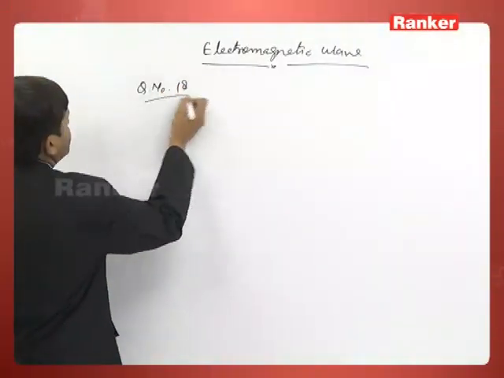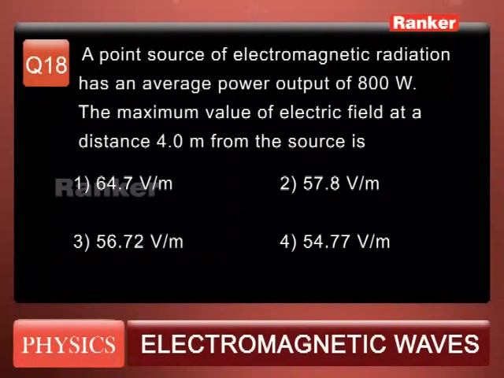Question number 18. Question is given as a point source of electromagnetic radiation has an average power output of 800 watt. The maximum value of electric field at a distance 4 meter from the source is first option 64.7 volt per meter, second option 57.8 volt per meter, third option 56.72 volt per meter, and the fourth option 54.77 volt per meter.